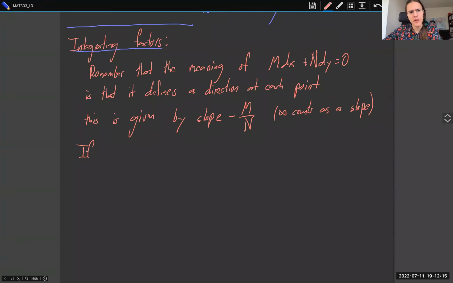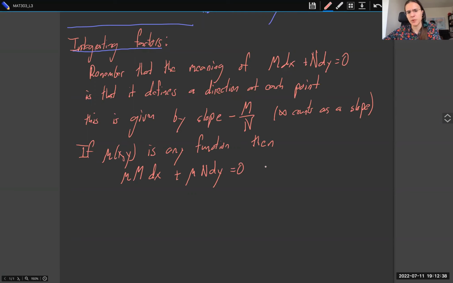If mu of x, y is any function, then mu M dx plus mu N dy equals 0 defines the same direction field.